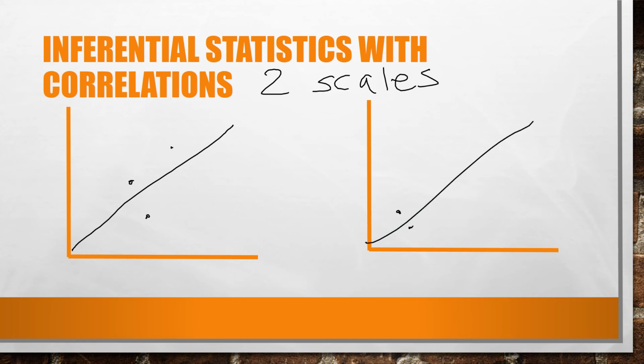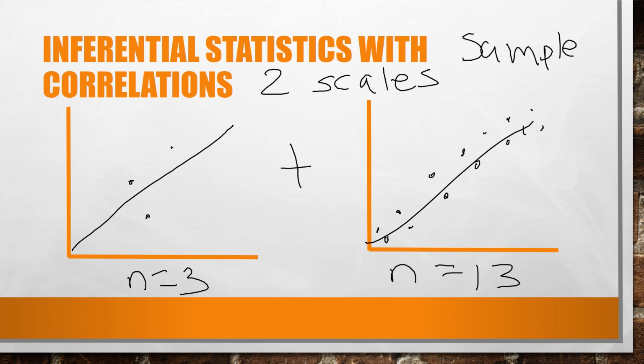We have 2 examples here. One, we have 3 dots, so our n is 3, and then our n over here is 1, 2, 3, 4, 5, 6, 7, 8, 9, 10, 11, 12, 13. Both are positive relationships, but they're both sample data.